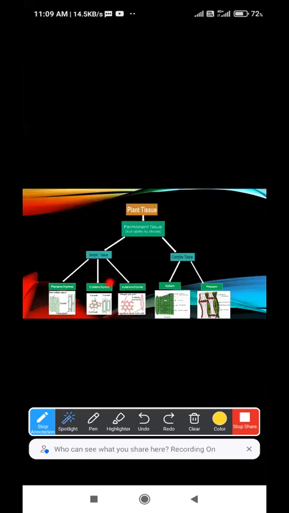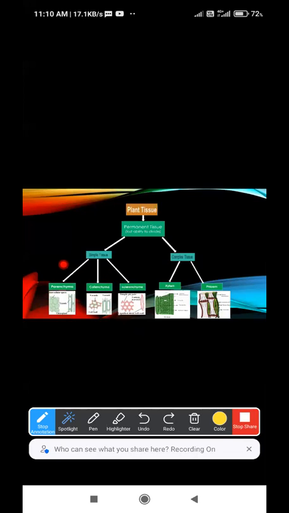Then the next tissue type is parenchyma. In parenchyma, we have studied two subtypes. One is chlorenchyma, the parenchyma tissue that contains chlorophyll. They are present in the leaves and perform the function of photosynthesis.